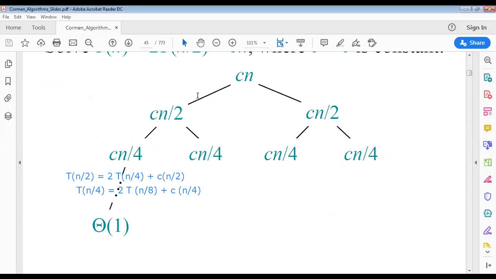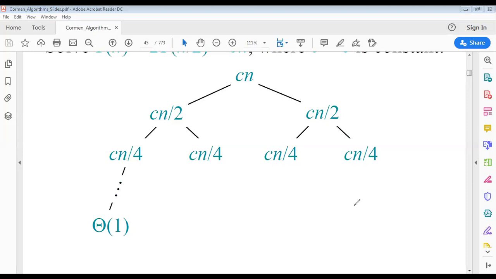We will put values similarly at each step, and we will continue until we get theta of 1, that is, n elements divided by n elements is equal to theta 1.